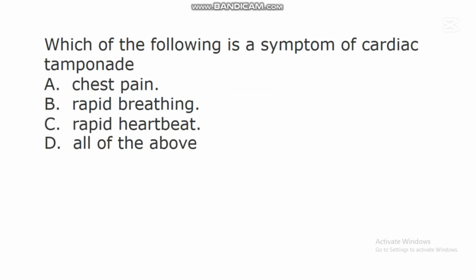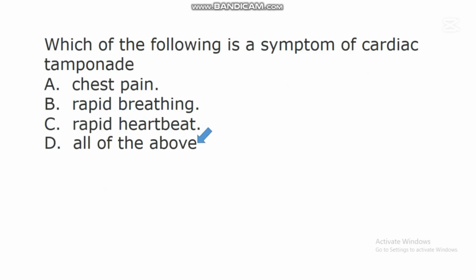The next question says, which of the following is a symptom of cardiac tamponade? A. Chest pain. B. Rapid breathing. C. Rapid heartbeats. D. All of the above. In this question, the correct answer is D. All of the above.